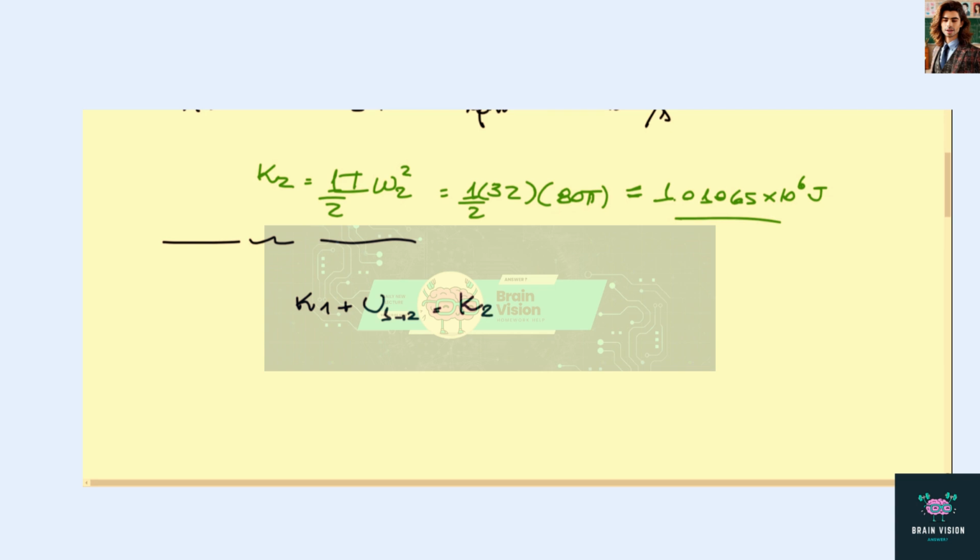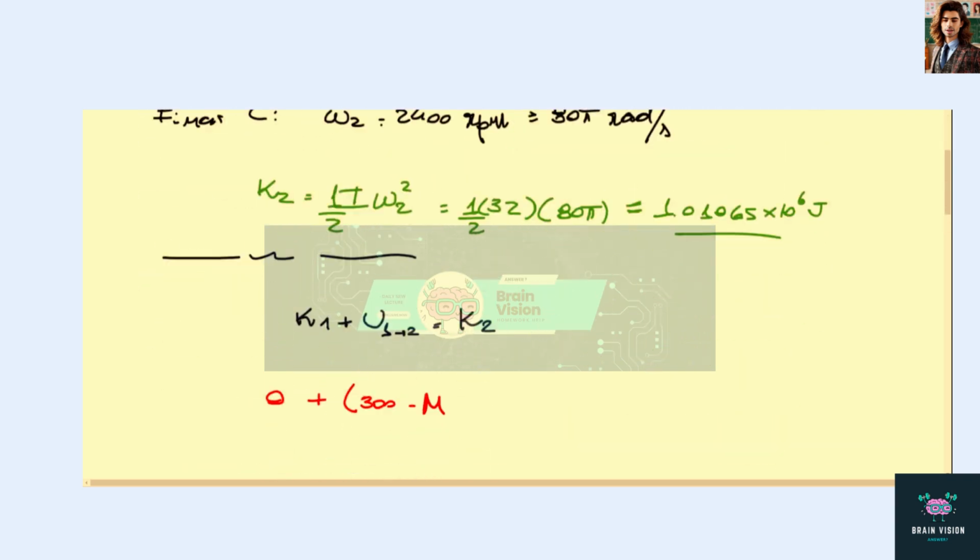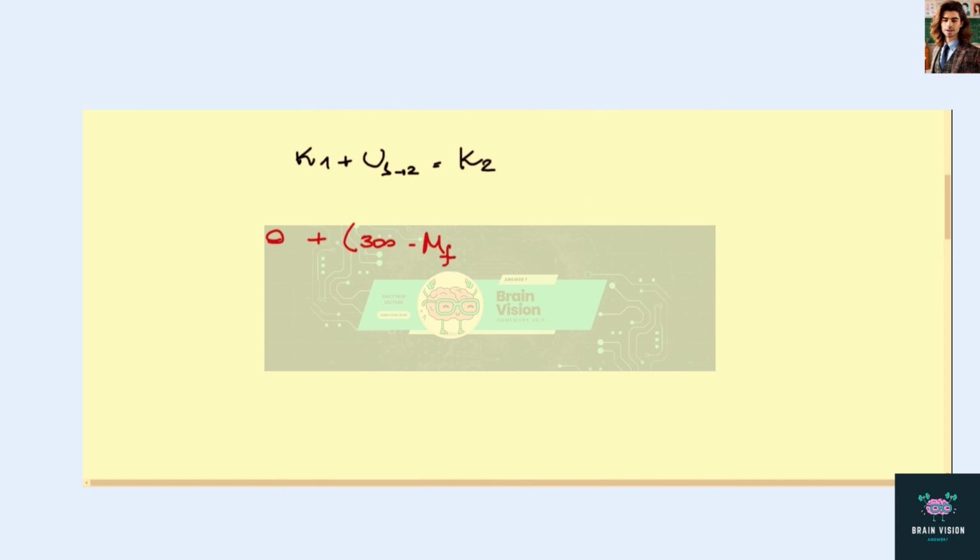Therefore, the initial kinetic energy is 0 plus 300 minus Mf, which is the moment of the friction, multiplied by 1120 pi, that is equal to 1.01065 times 10 to the 6.